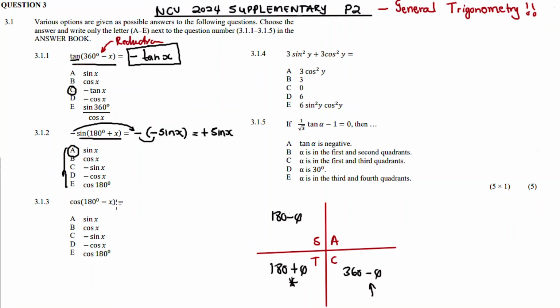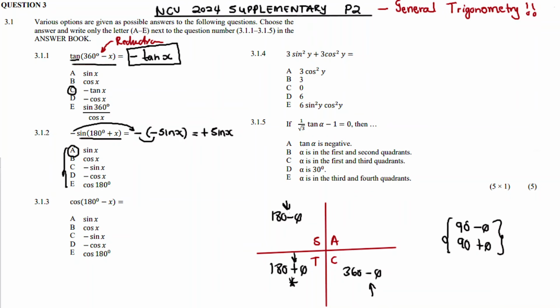Another reduction formula here. Do not get confused, guys. A reduction formula will always have 180 degrees or 360 degrees. And we also have another set of formulas that contain 90 degrees minus and 90 degrees plus.